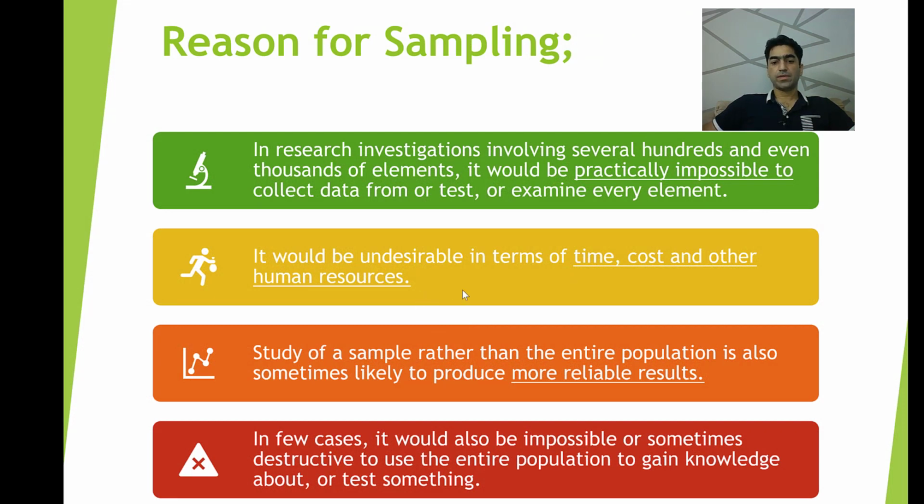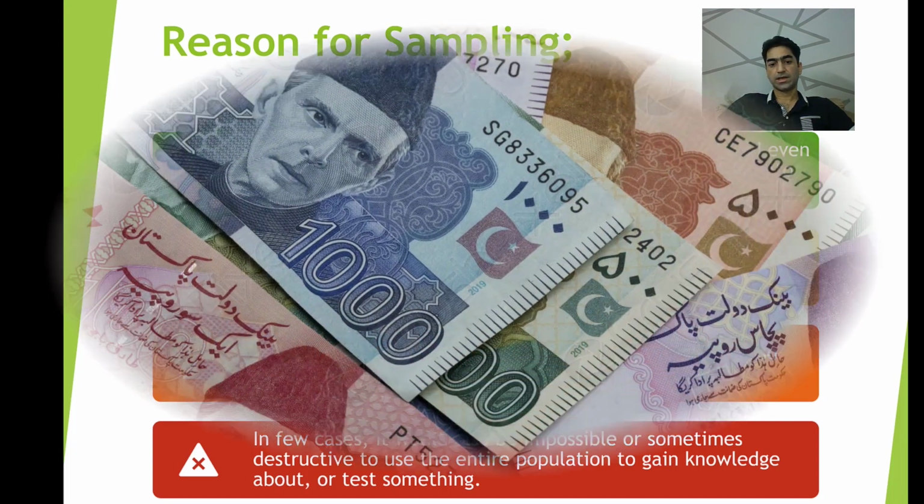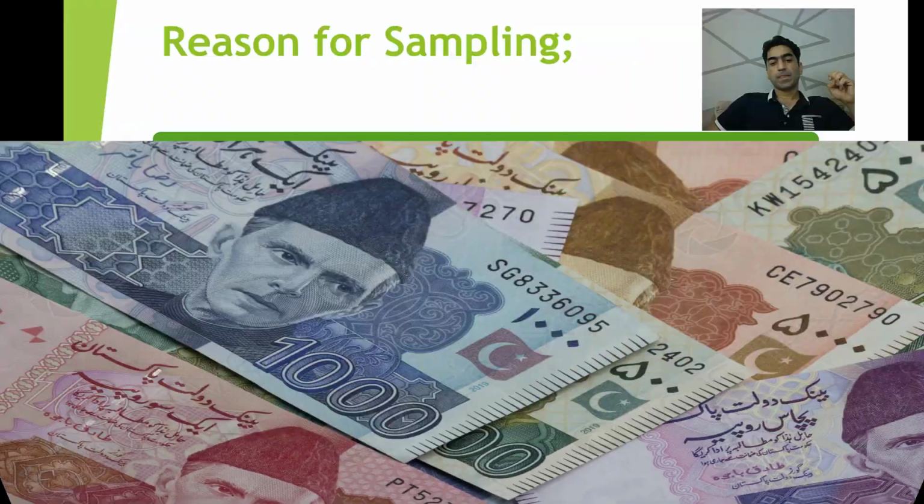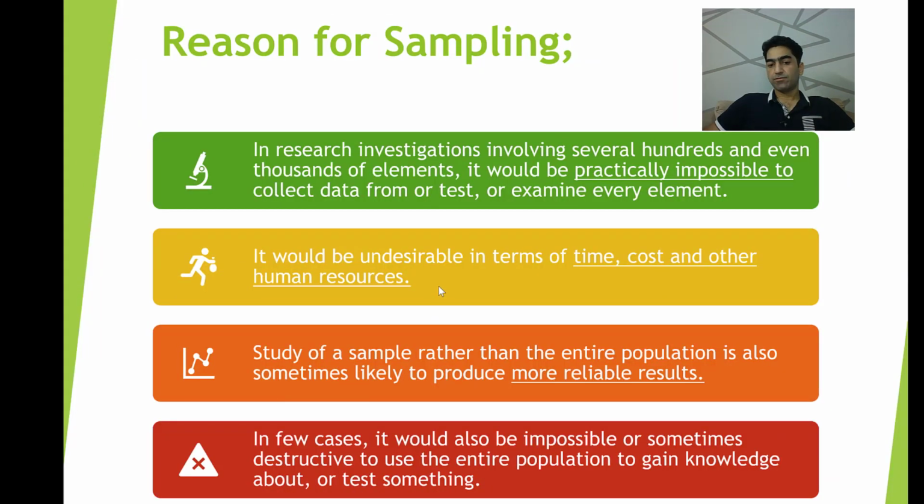In that case, practically it's quite difficult or nearly impossible to collect data. Secondly, it would be undesirable in terms of time, cost and other human resources. Resources include time, money, and your energy. So why are you putting so much effort and spending so many resources when the results are going to be the same?